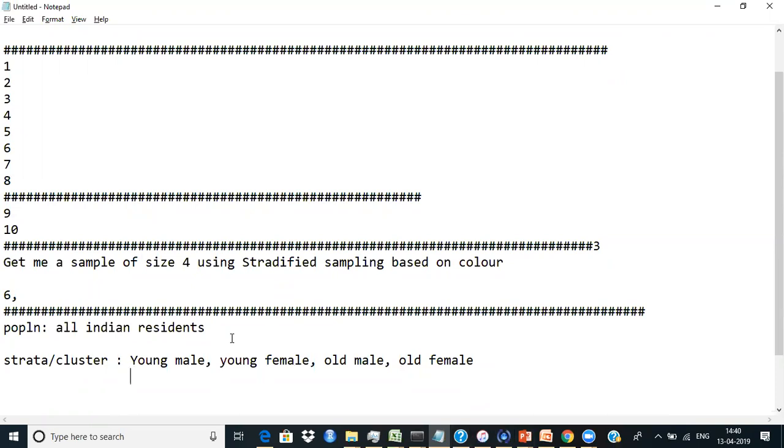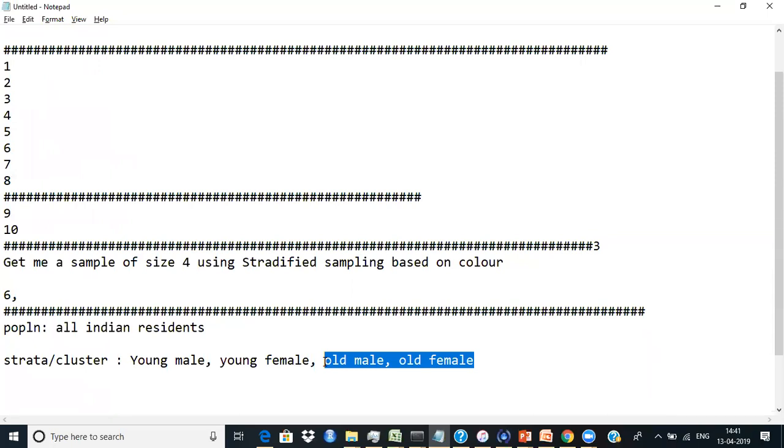But if you are doing cluster, we will not go to every group, but rather we will choose one or two groups and get all my observations from only those. So in case of a cluster sampling, my observations come from a specific cluster or portion of the population. Whereas in stratified sampling, it is coming from all stratas of the population.